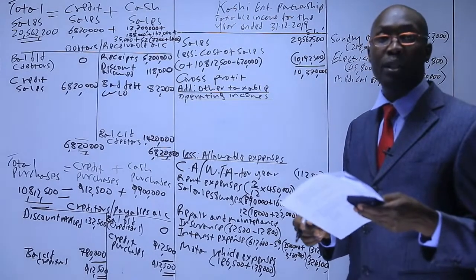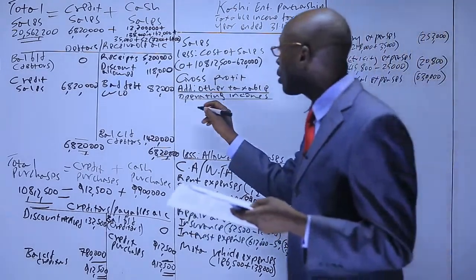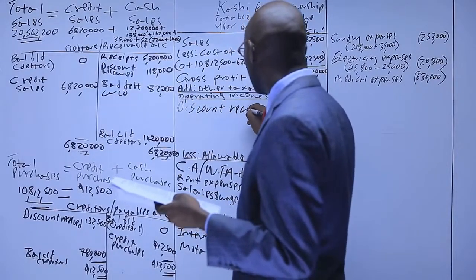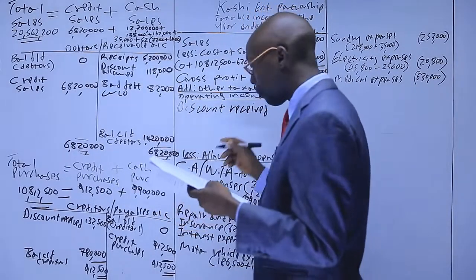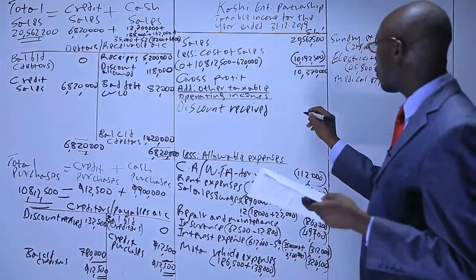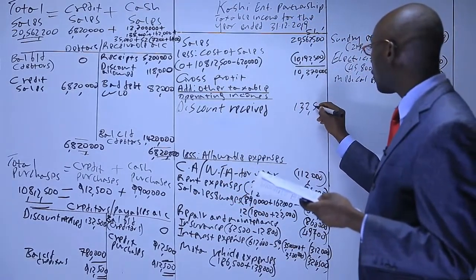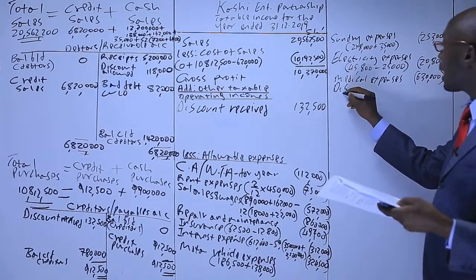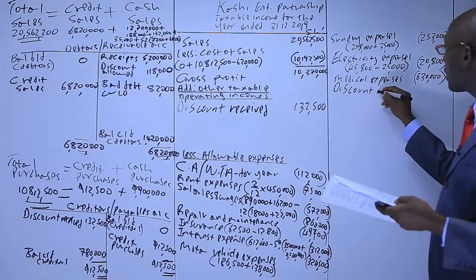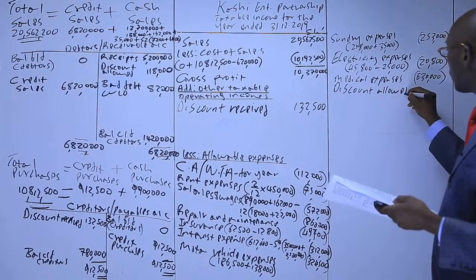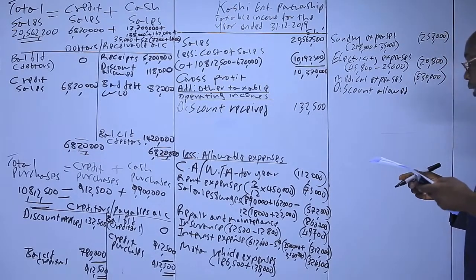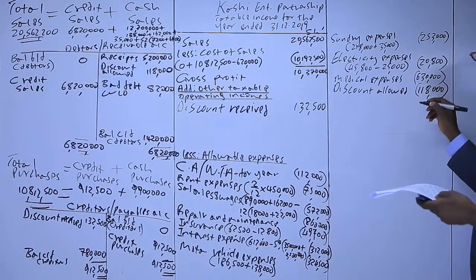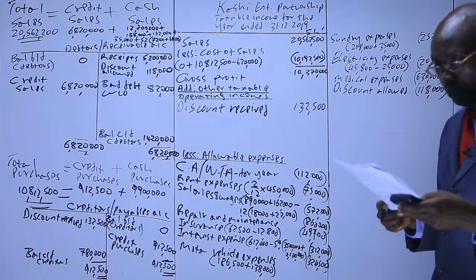Discount received, that we know is a taxable operating income, so it should come here, and we have the discount received of 132,500. Discount allowed is an expense and it's allowable, which we have been given as 118,000. From there we continue.